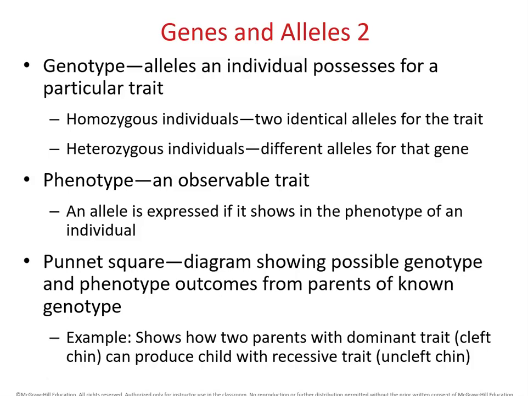Heterozygous individuals have different alleles for the gene. 1 chromosome has 1 version and the other chromosome has a different version of the gene. The phenotype is the trait that we can observe either in the anatomy or in the physiology as a result of the various genotypes possible. And a Punnett square is the tool that we use in order to figure out, based on the genotypes, what phenotypes the offspring might have. So we're going to look at an example of a Punnett square in the next slide.